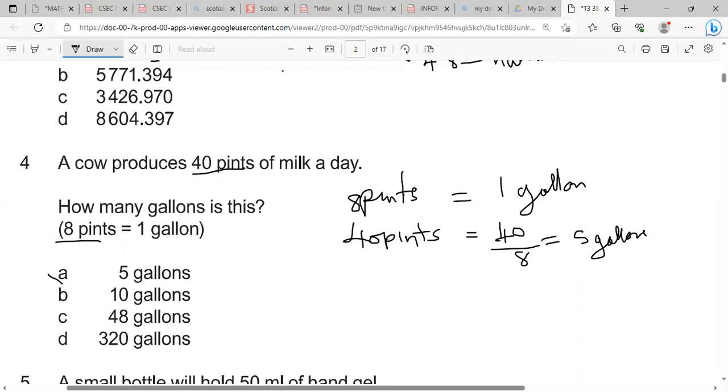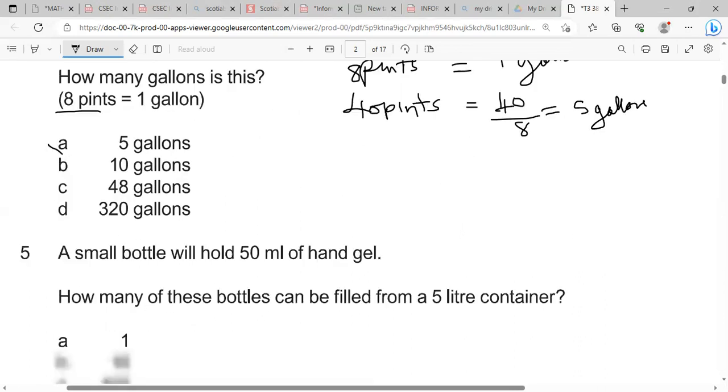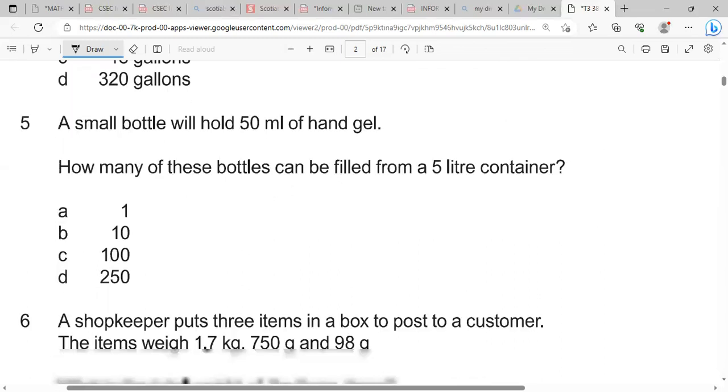All right, let's move on to the next question, which says a small bottle will hold 50 milliliters of liquor. How many of these bottles can be filled from a 5-liter container? Now, as I explained to my students, once you have maths with 2 different units, you have to do some form of conversion. They want to see how many 50 milliliter bottles can be filled from 5 liters. So I would suggest that we convert 5 liters to milliliters.